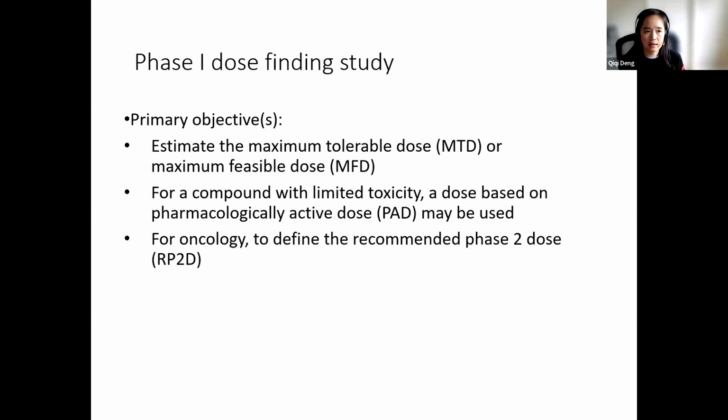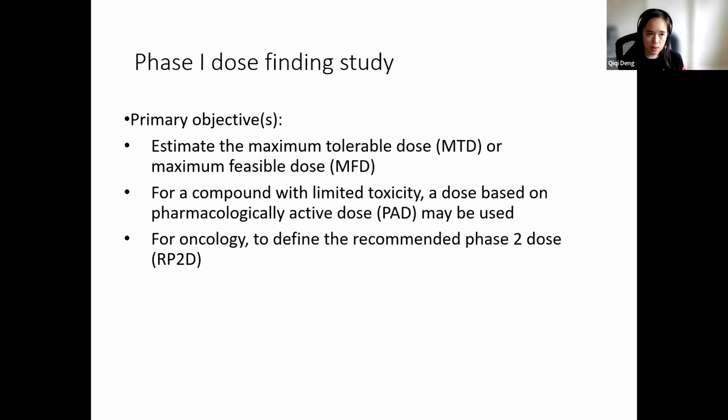And then secondly, if a compound is very safe, even if you go up really high, you didn't observe much toxicity, then you probably want to use related pharmacodynamic markers to guide you to find a dose that is active to your body pharmacologically.